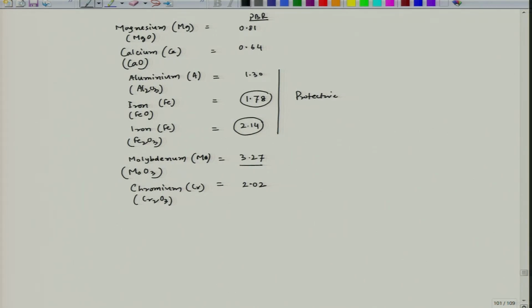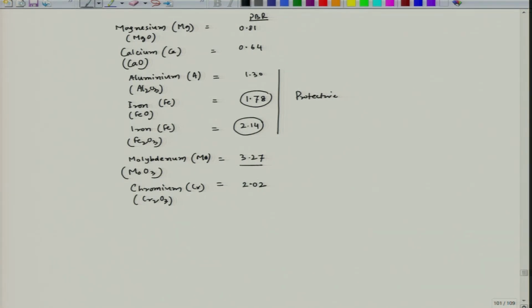Now, interestingly, you can calculate PBr once you know the oxide form. Then you need to know the molecular weight of that oxide, the density of that oxide, as well as the metal atomic weight and metal density.